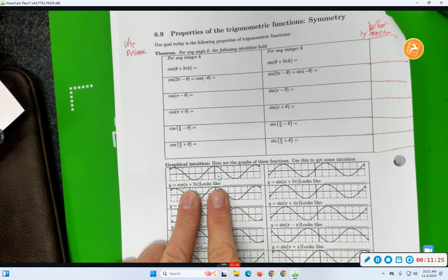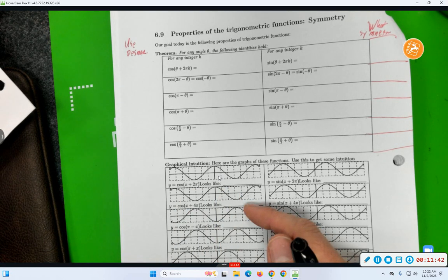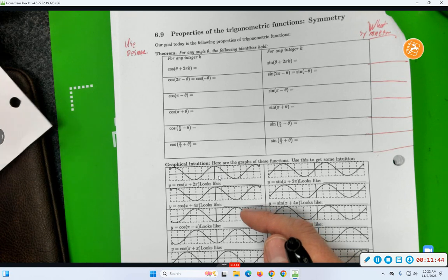Here's the graph of cosine of x plus 2 pi. What would you say that graph looks like? Maybe it would help to have the graph of sine and cosine still hold up.